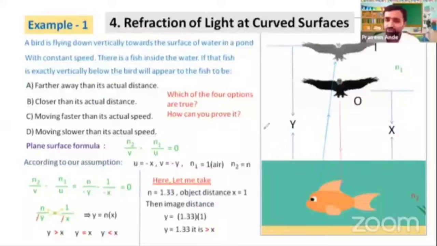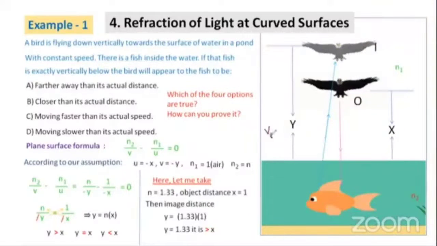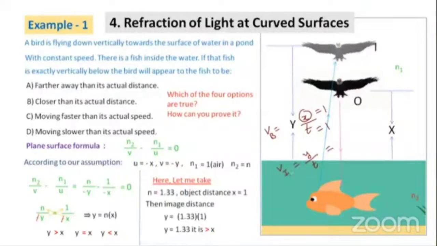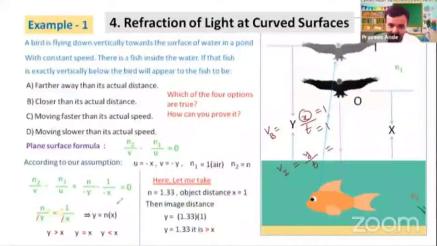If you are confused, suppose the speed of the bird is equal to x by t. Yes or no? The speed of the image is equal to what? The same, it's distance by time. If x equals 1, then what about y? y equals n into x, we know that already. Look, I got a relation.